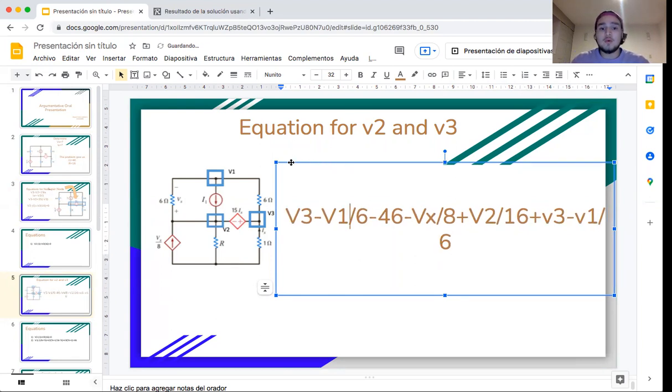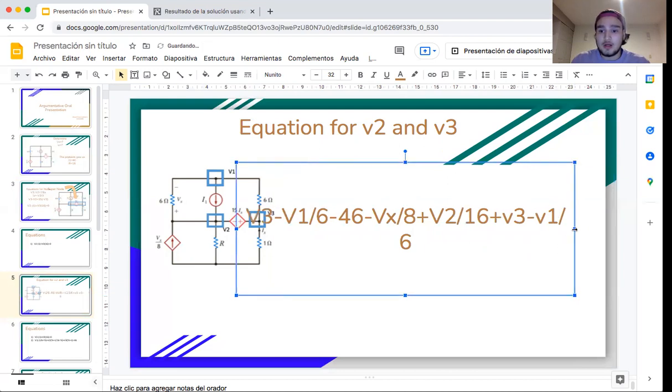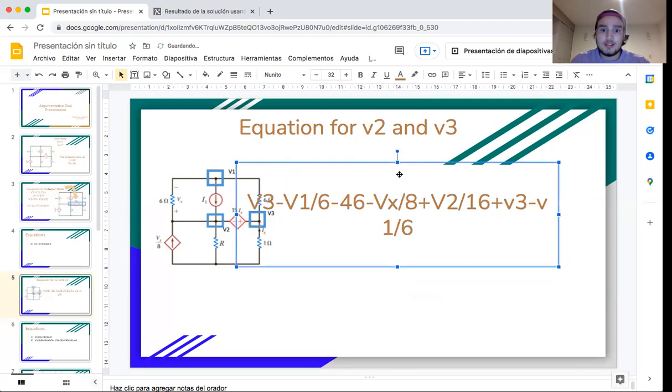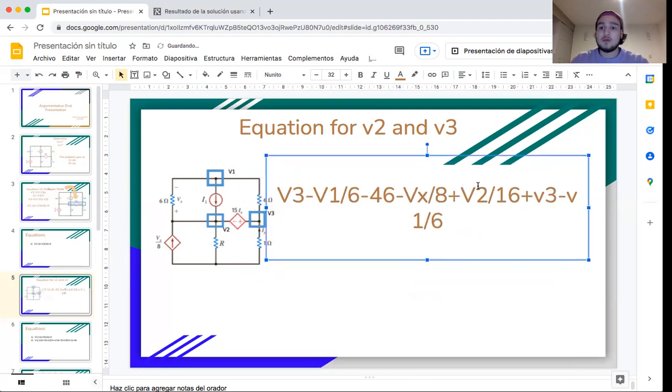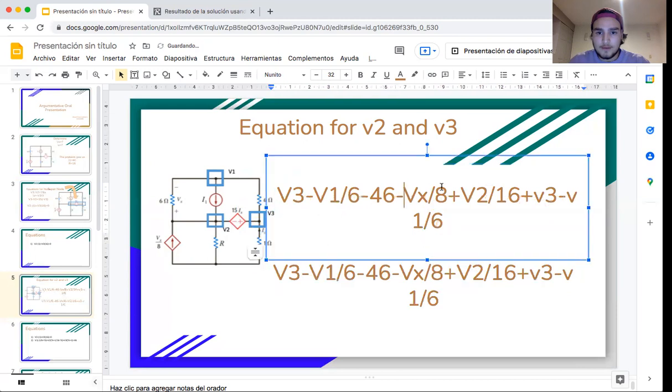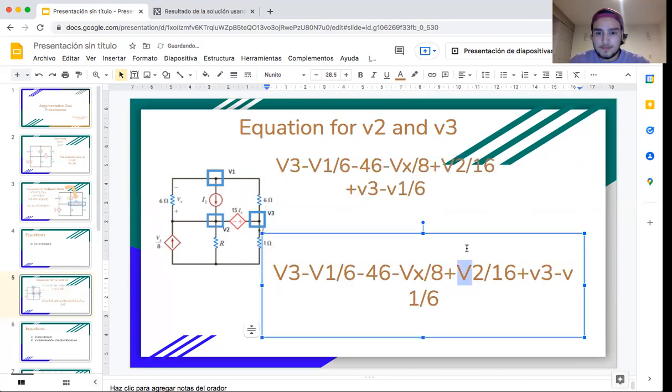As we can see, this equation is long, so we need to simplify it to make it easier to find a solution. I'm going to pass this, and I'm going to put it right here.